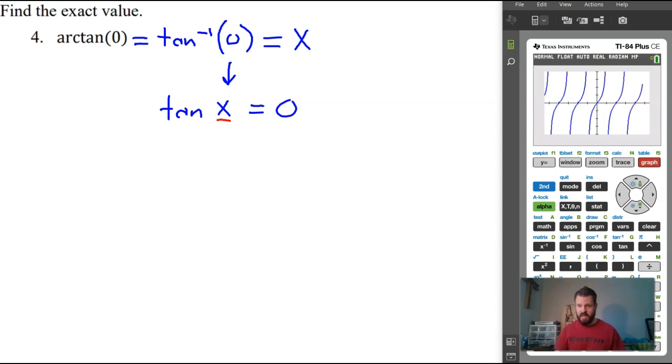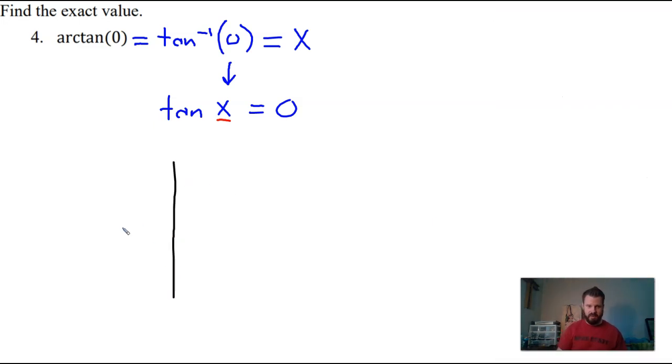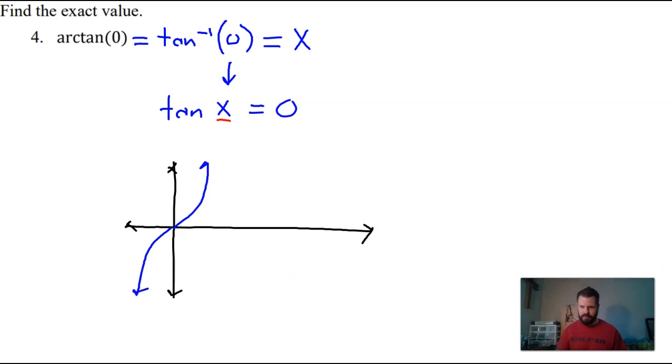So yeah, that's right. Tangent was this one, where the waves went like so. And the first cycle happened between negative pi over 2 and pi over 2.